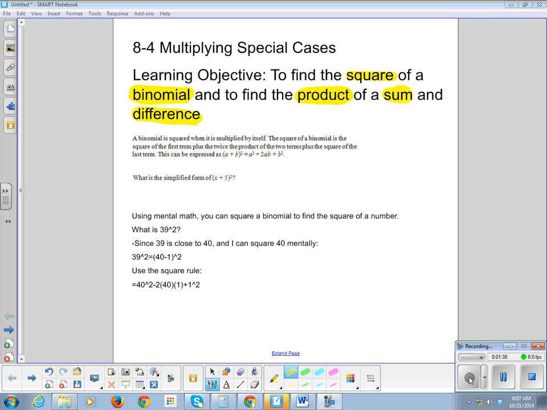This can be expressed as, and this is what I want you to write down, (a + b) squared equals a squared plus 2ab plus b squared.